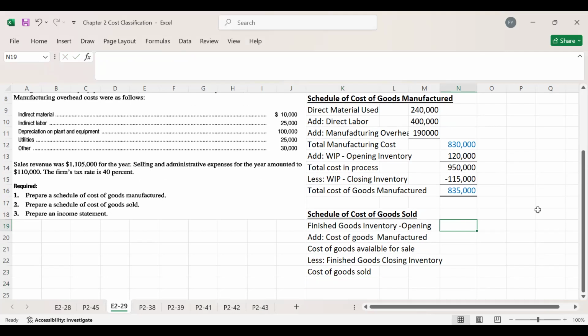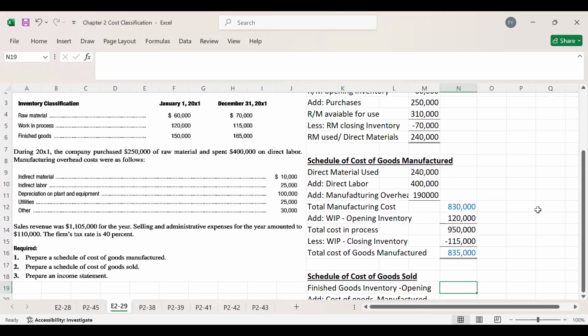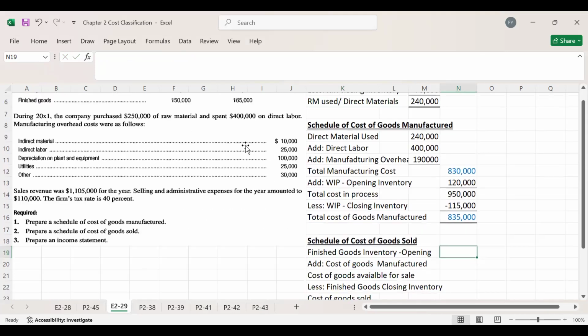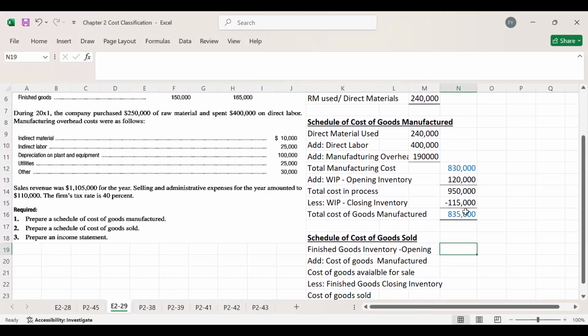Now, finished goods inventory is given. You can see here 150,000. This is opening inventory, and 165,000 is our closing inventory. So, opening inventory is from data which we have given, which is 150,000. Then we add cost of goods manufactured. We have already calculated it, which is 835,000.